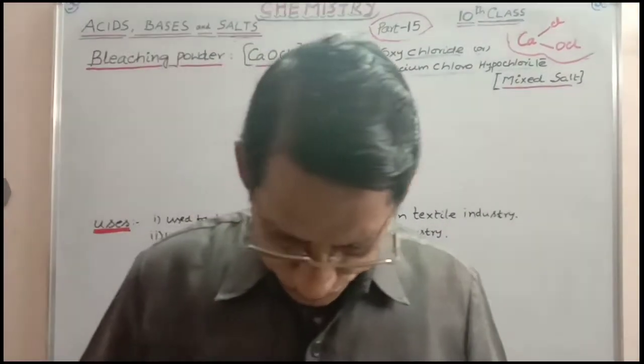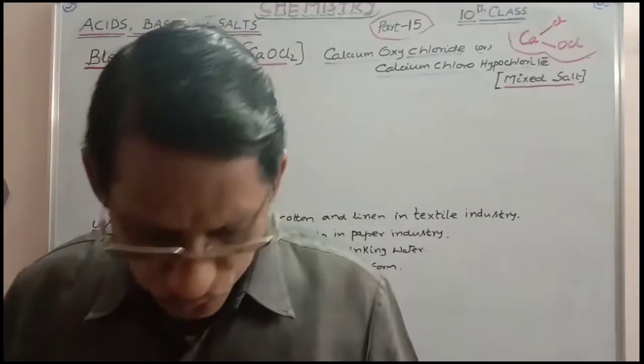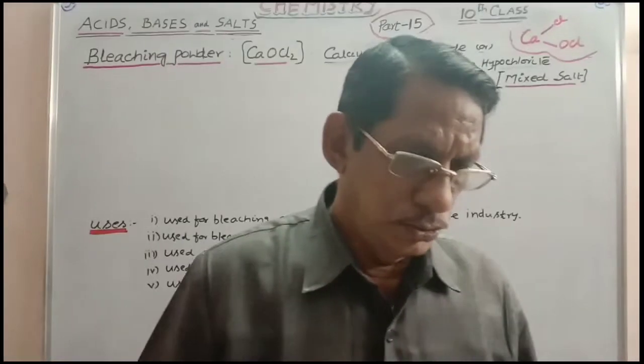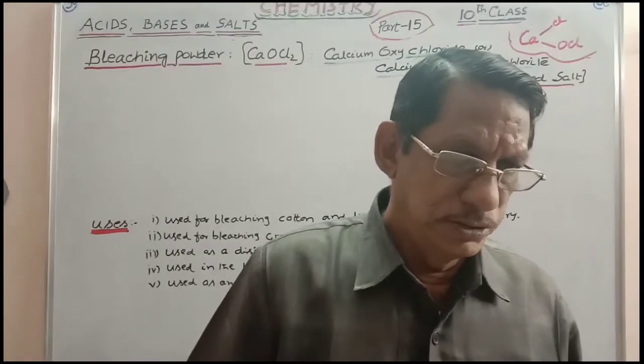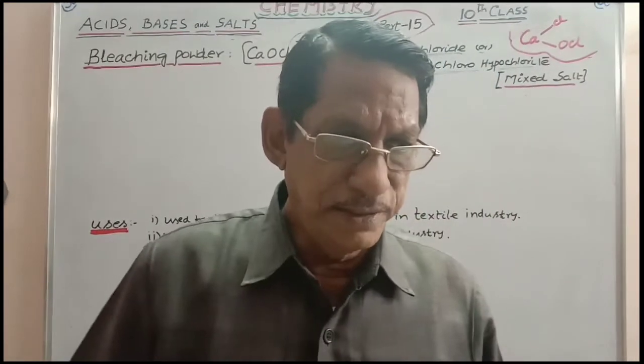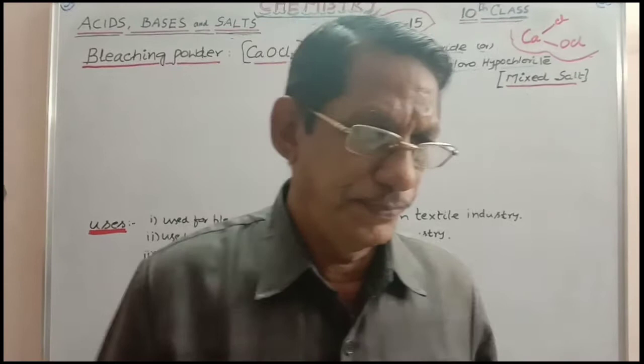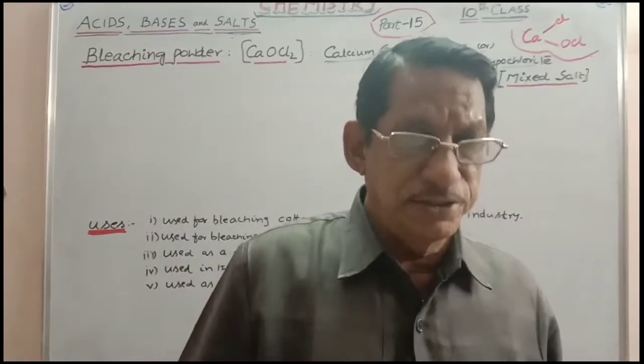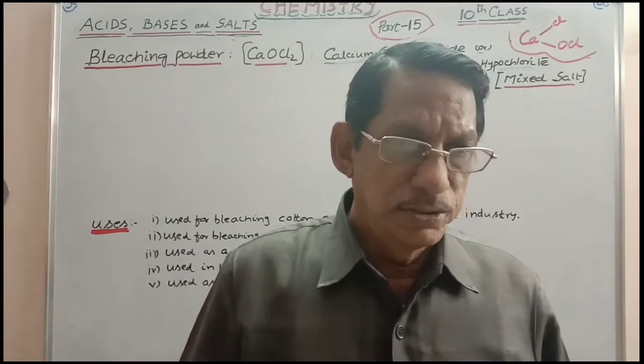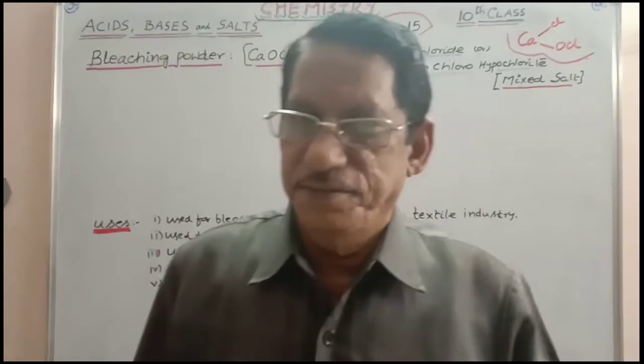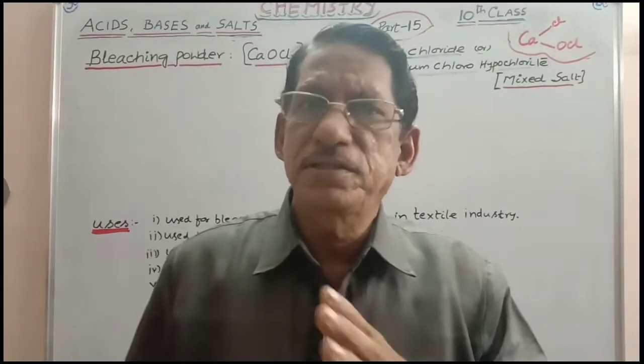It will be sprayed on the sides of the roads to kill the bacteria and to provide a healthier atmosphere. It is also used for the sterilization of drinking water to kill the disease-causing bacteria. And so it is an important compound.